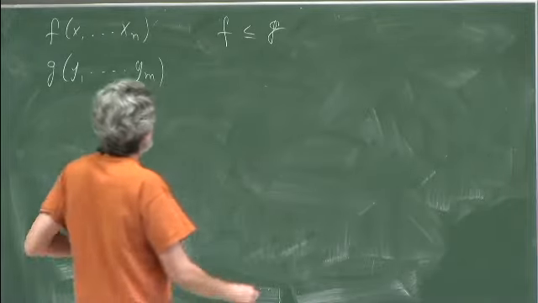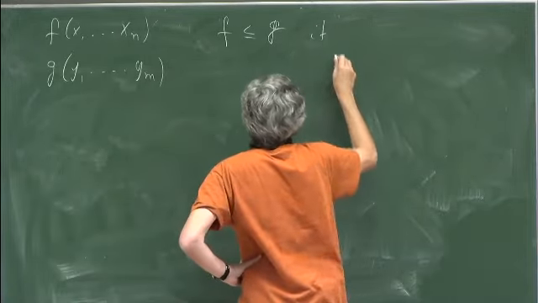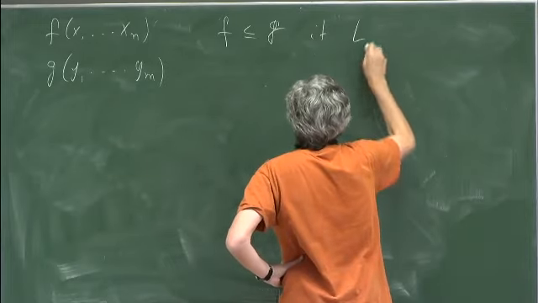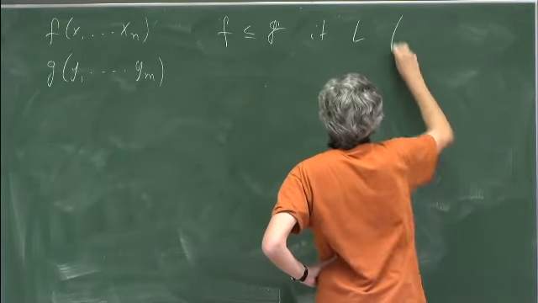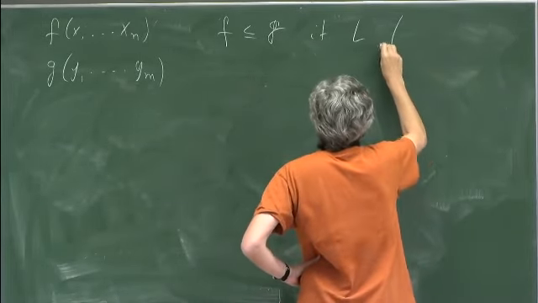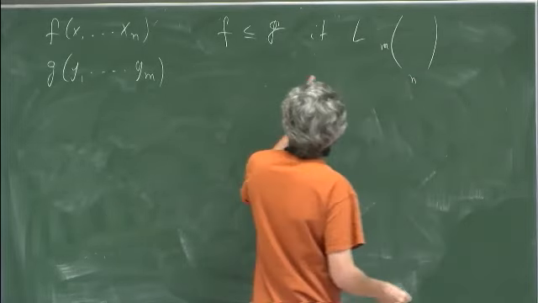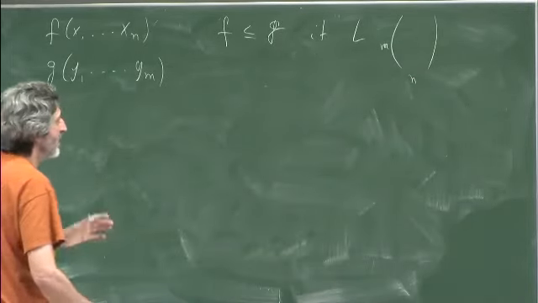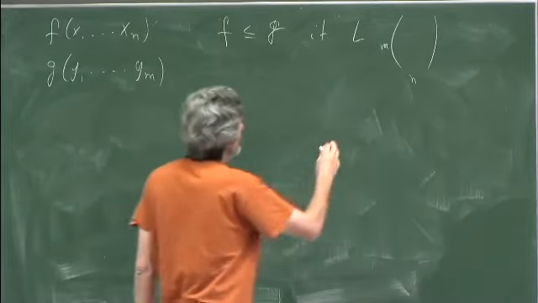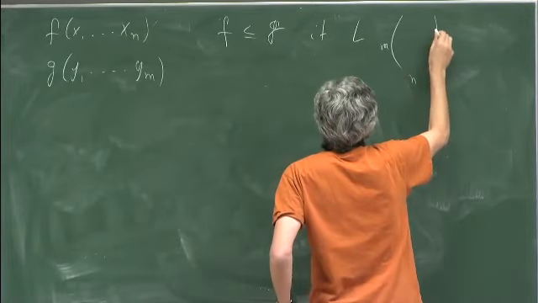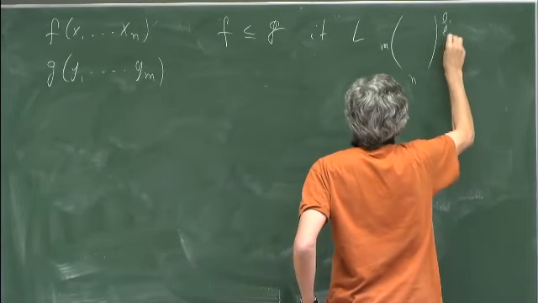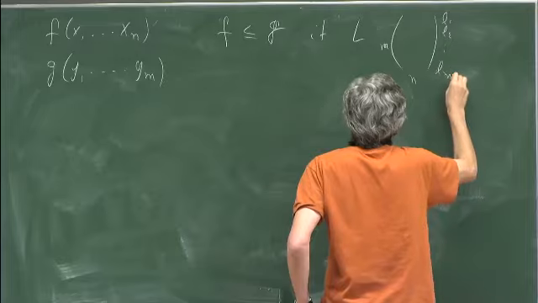Simply, if there exists L, where L is just a matrix, a collection of linear functions. There's an affine version and a linear version. It doesn't really matter. I will just write a linear one. So let's call the rows L1, L2, up to Lm.